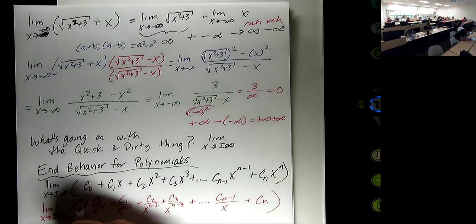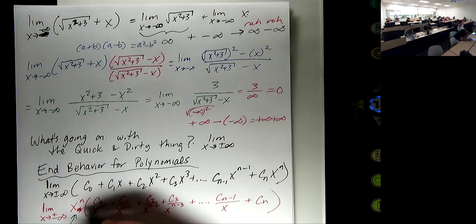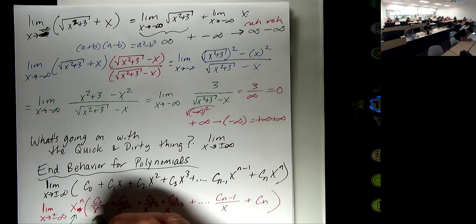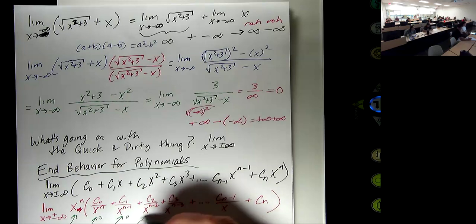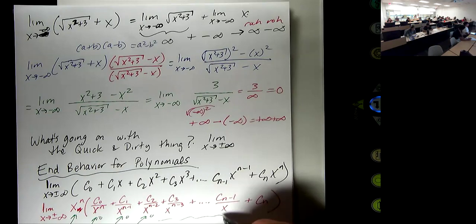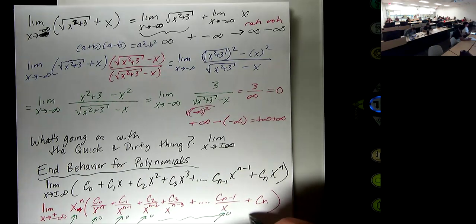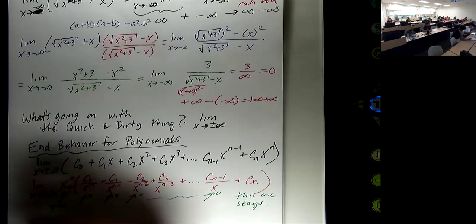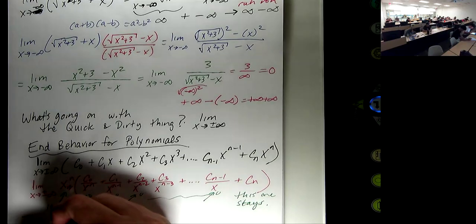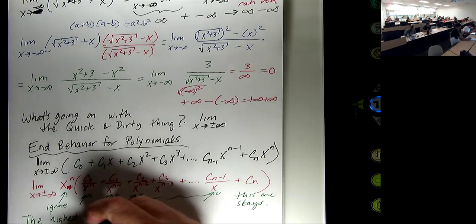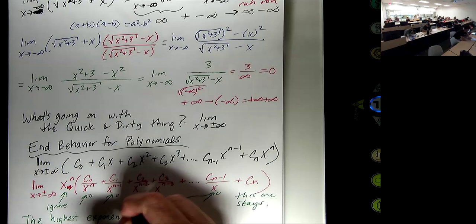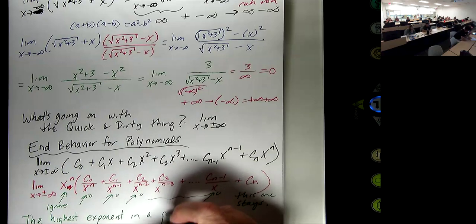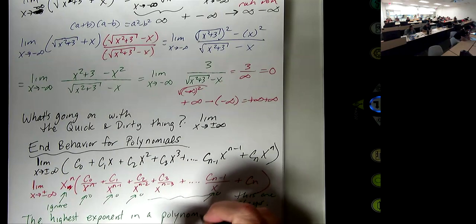If we apply the limit, this is going to zero, this is going to zero, all of these are going to zero, and this one stays. So the highest exponent in a polynomial dominates end behavior.